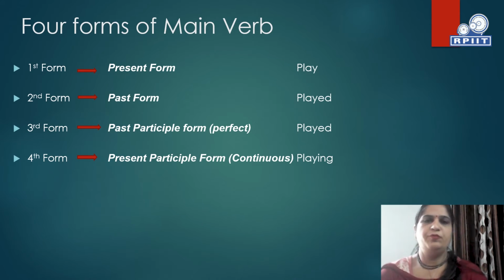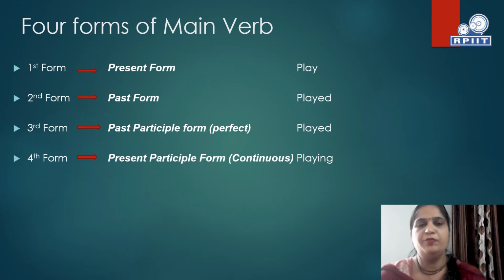Four forms of main verbs are: the first form, that is present form; the second form, the past form; the third one is past participle form, that is perfect also; the fourth form, present participle form, that is continuous. If we are talking about present form, for example play, that shows a present time, and past form played, that shows the past time.